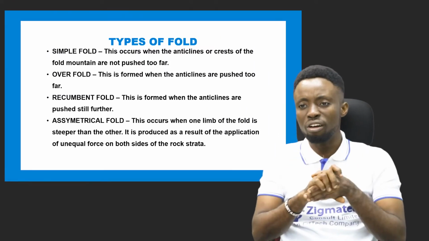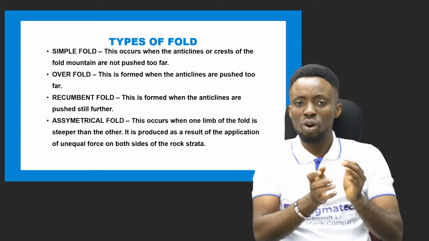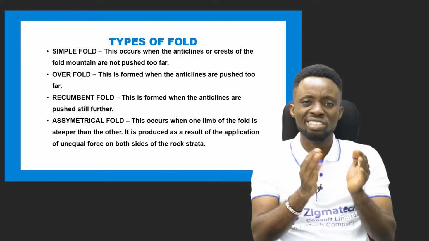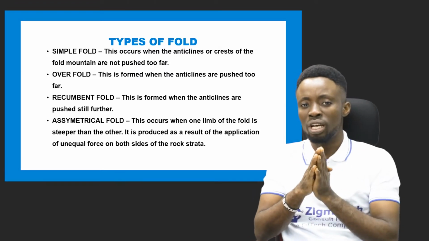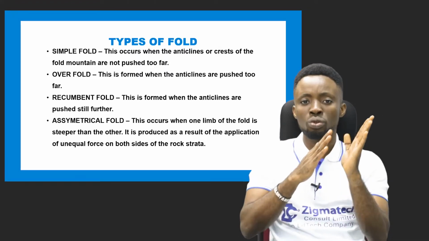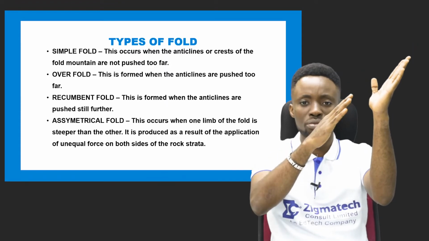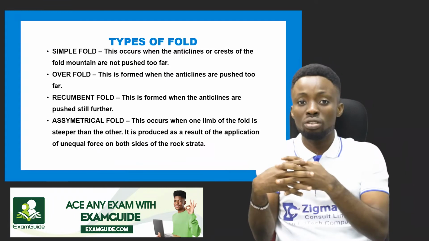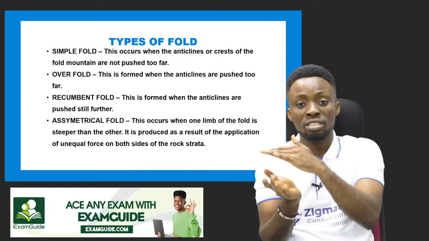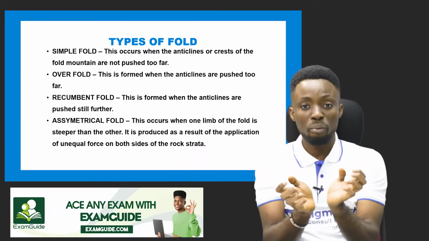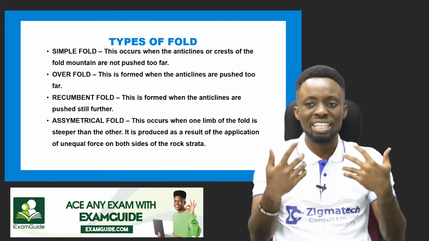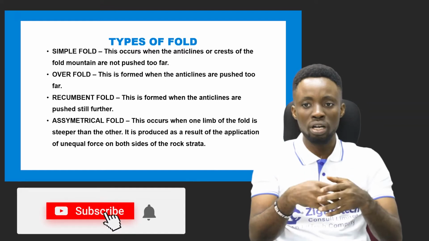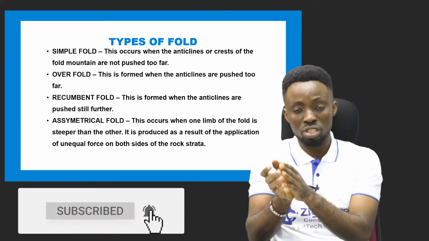The asymmetrical fold occurs when one limb or one edge of the fold is deeper or steeper than the other. So when one side slopes in a very steep direction, while the other limb of the fold is gentle, such appearance is called an asymmetrical fold, because one side is steeper, the other is not steep.